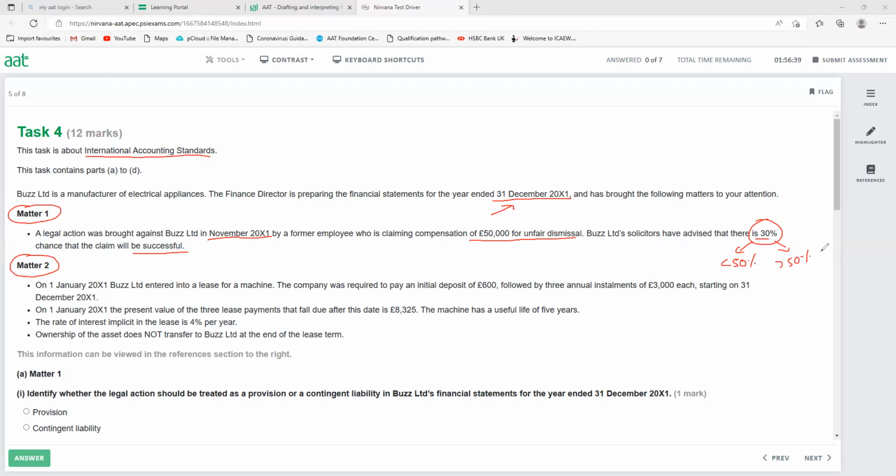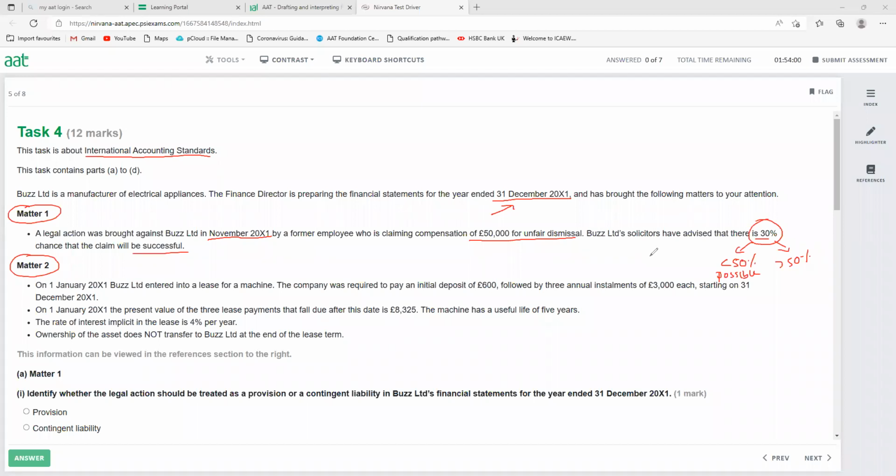If it is less than 50%, we call it possible. And if it is more than 50%, we call it probable. So less than 50% chance of happening, we call it possible. More than 50% chance, we call it probable.